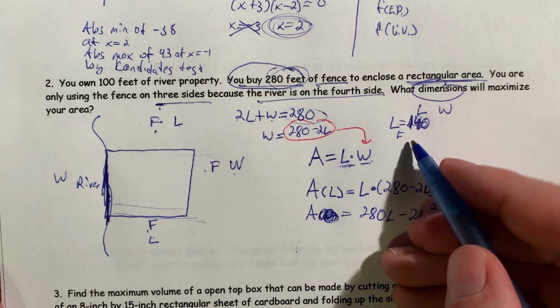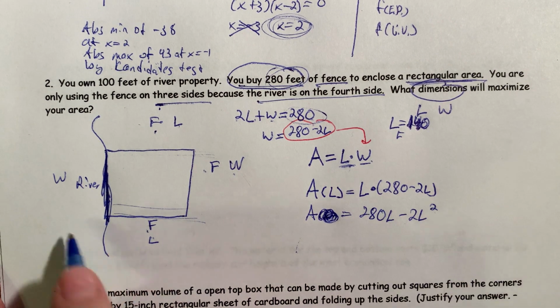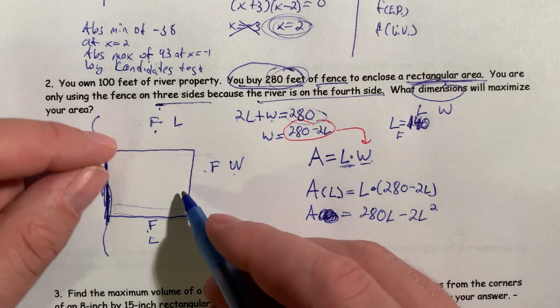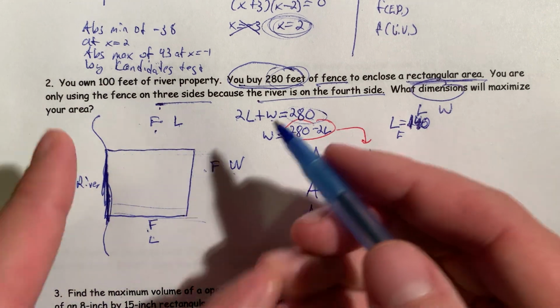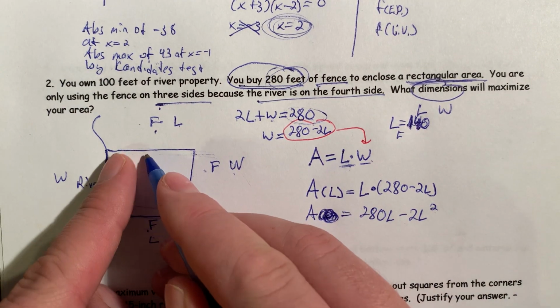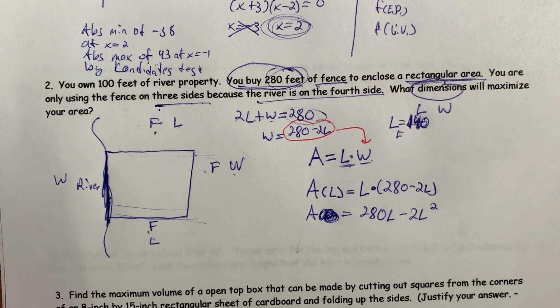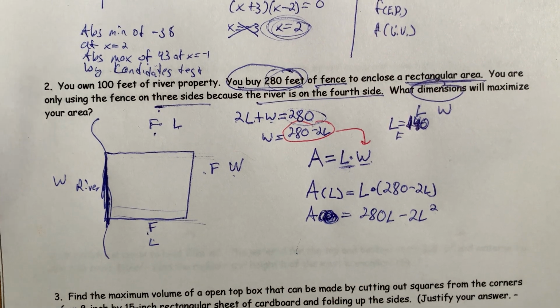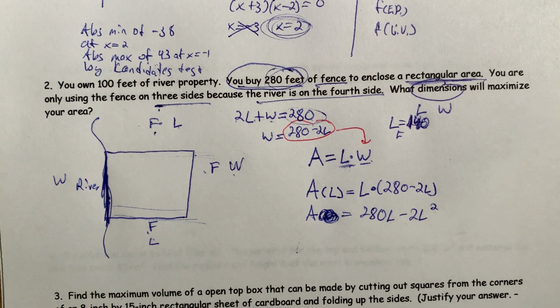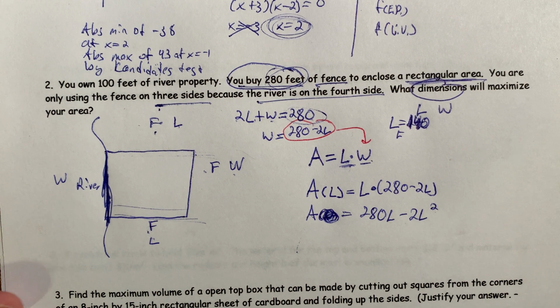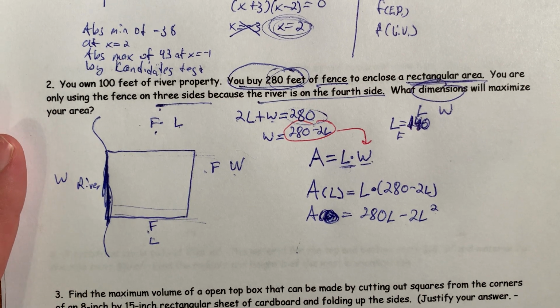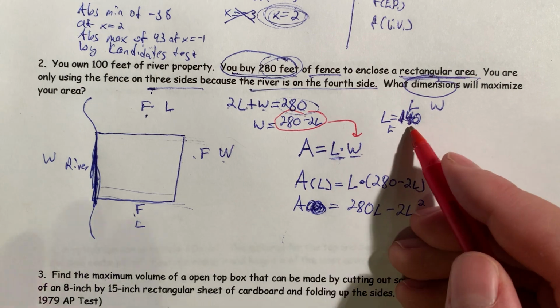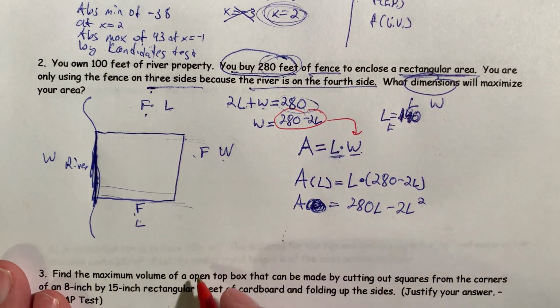And normally we would say the other endpoint would be, what if the length was 0? So if the length was 0, then the width would be 280. But there's actually a small piece of information that I missed when I was first doing this problem. I got this wrong one year, because I said, oh yeah, the smallest the length could be is 0, and then the width would be 280.